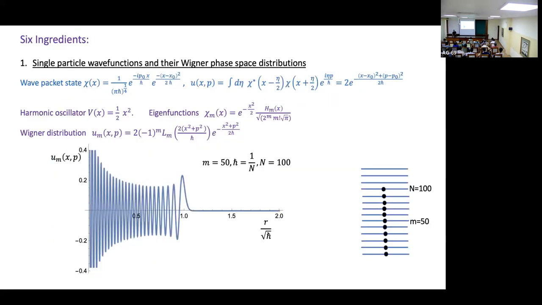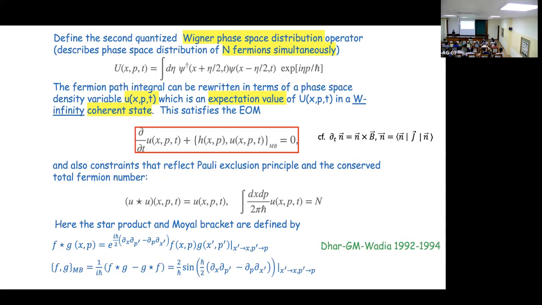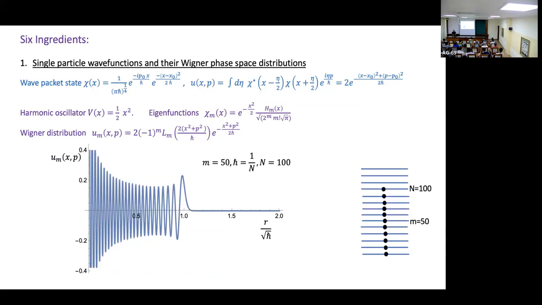Okay, this is a very important slide. It requires 6 ingredients. Let me go: single particle wave functions, and their Wigner phase-space distribution. This is the definition of a Wigner phase-space distribution.